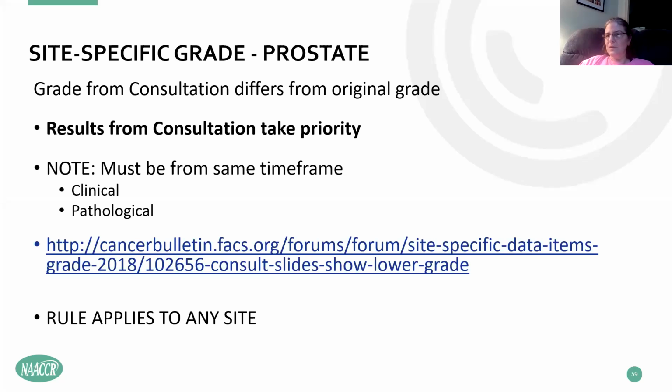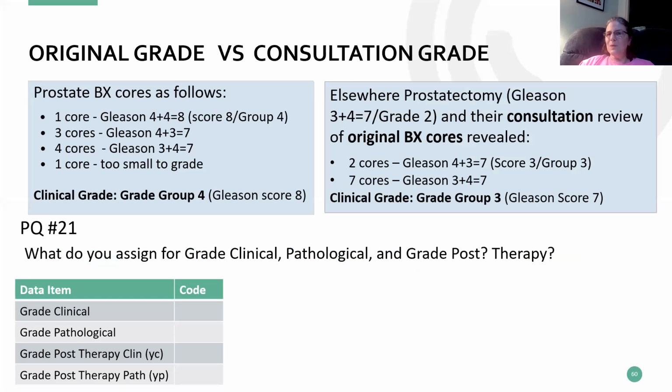So here's the cancer form question, if you want to go look at it. And this rule applies to any site, but this example was prostate. So this is what we got in. So we had a Gleason score, the highest grade during the clinical workup was an 8. So that's a Gleason score 8 for grade group 4.